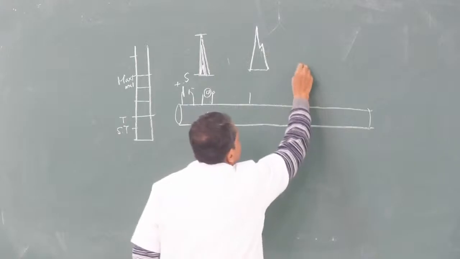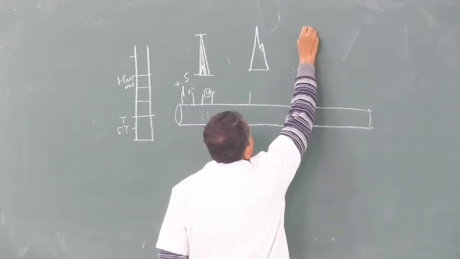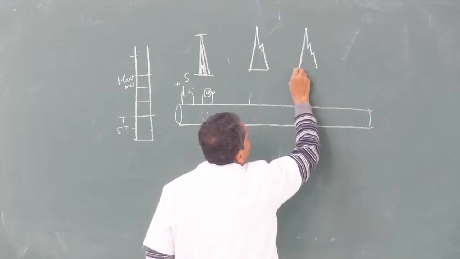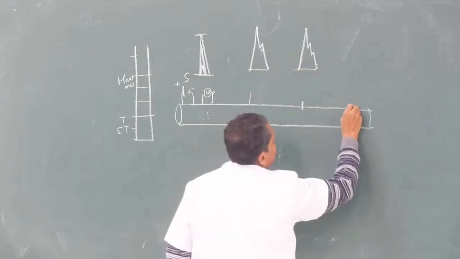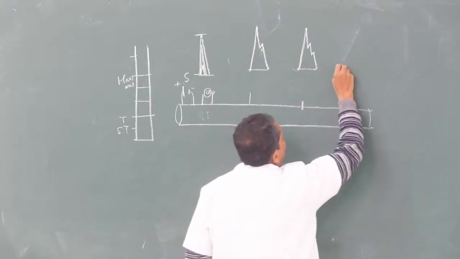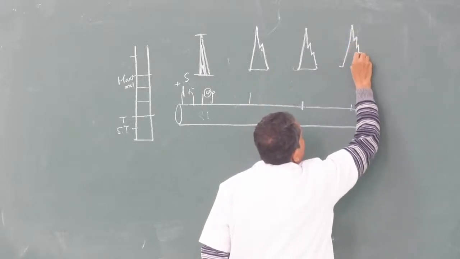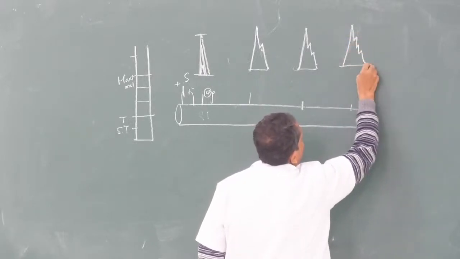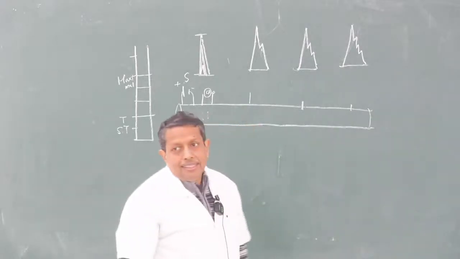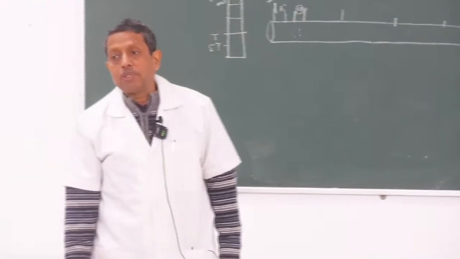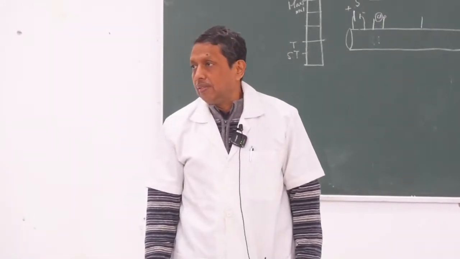At this point a further peak will appear, and there is widening of this. This multi-peaked action potential is called compound action potential. Clear?